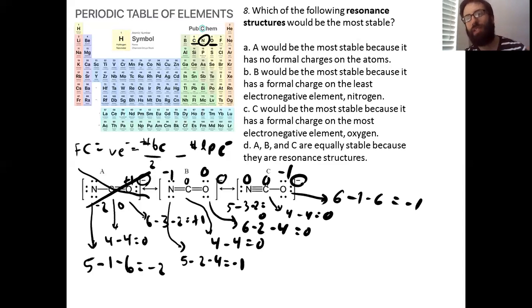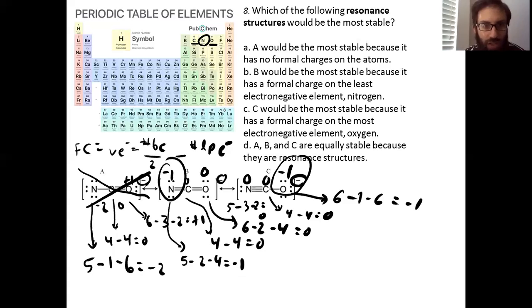Next, deciding between those, you want the one that has the negative charges on the most electronegative atoms, right? Electronegative atoms want electron density, so they should have the more negative formal charge. So this one, B, you have a minus 1 on nitrogen. This one, C, you have a minus 1 on oxygen.